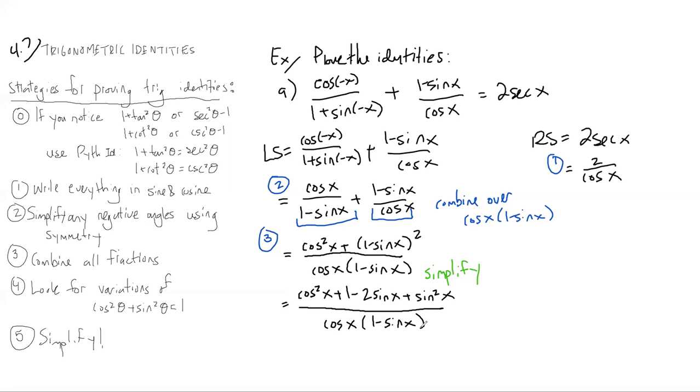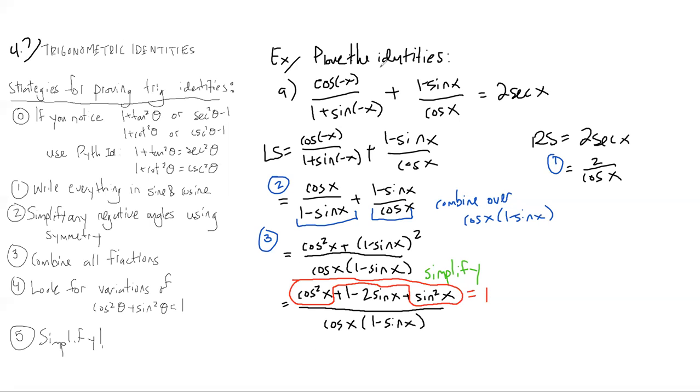And now that's about as simple as I can get. What I'm looking for now is step 4. Hopefully you can see what we've got here. I've got cos squared x plus sine squared x. That's 1. That is my Pythagorean identity.